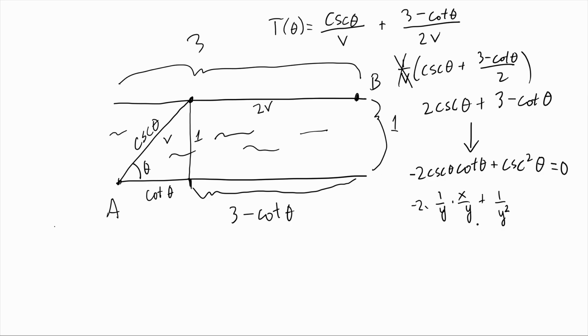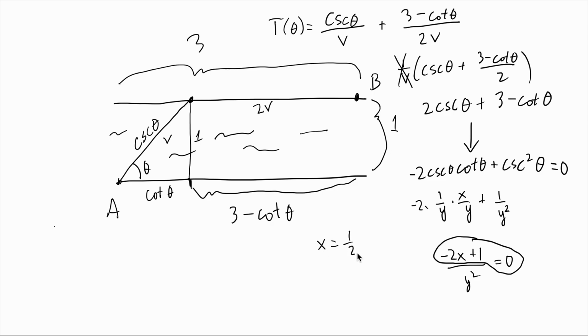Taking a look at that, x over y and 1 over y squared, and adding fractions, notice we have a common denominator already, y squared. So it really looks like negative 2x plus 1 all over y squared equal to 0. A fraction is equal to 0 when the numerator is 0. So x should be a half.